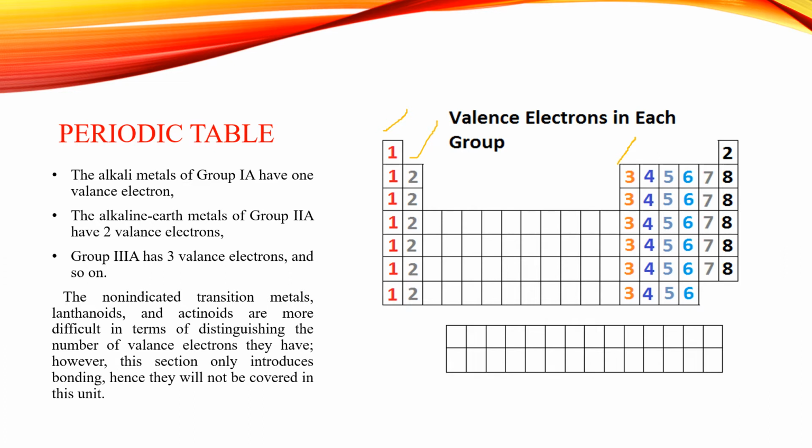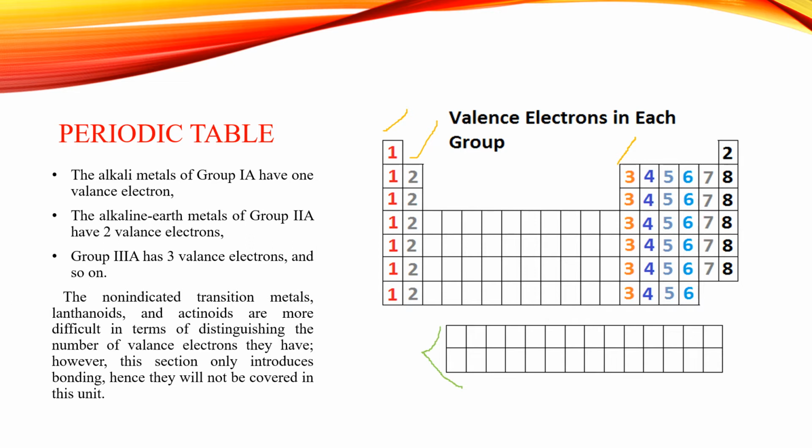In the transition metals, lanthanides and actinides, it is more difficult to distinguish the number of valence electrons they have. આ બે જે લાઈન છે, ઈ કઈ છે? લેન્થેનાઇડ અને એક્ટિનાઇડ. એમાં વેલેન્સ ઇલેક્ટ્રોન નંબરનું ડિસ્ટ્રીબ્યુશન કરવું ડિફિકલ્ટ છે.